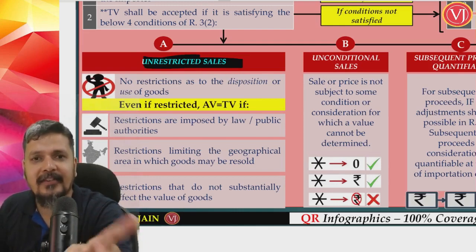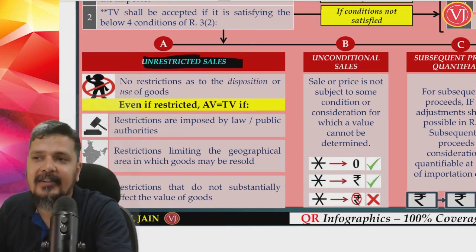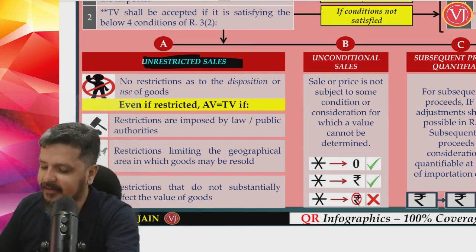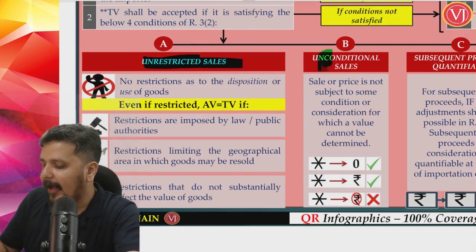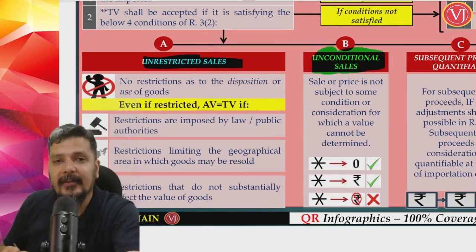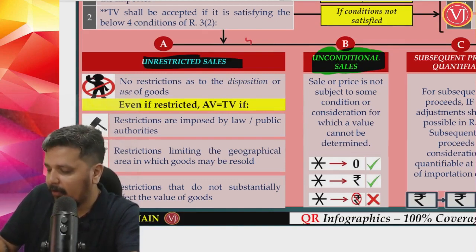Now, next 4 conditions are given in rule 3. That sale which we are talking about should be unrestricted. It should be unconditional. This is your 5th condition.